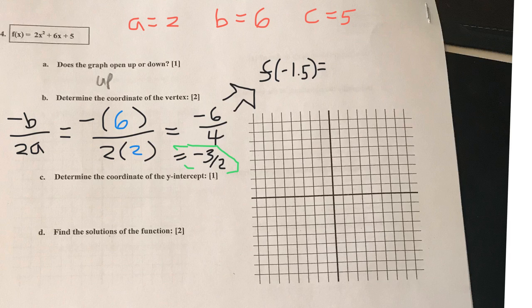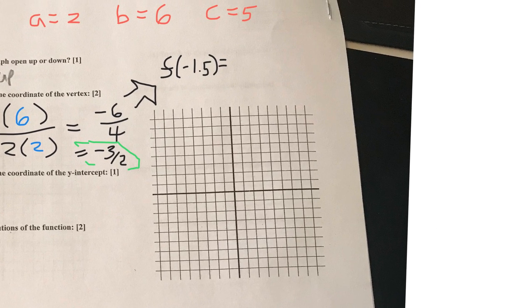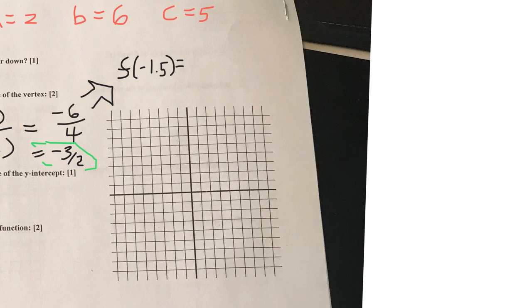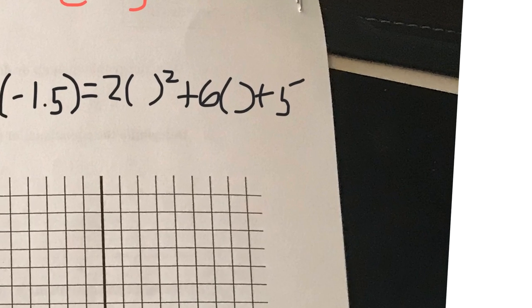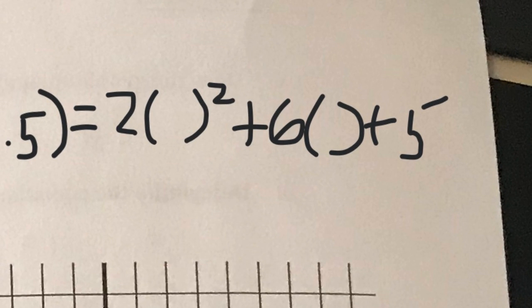So I'm going to write empty parentheses again. So instead of 2x squared, I'm going to write 2 empty parentheses squared plus 6 times empty parentheses plus 5. And what goes inside those parentheses? Well, that would be negative 1.5. So negative 1.5 here and negative 1.5 here.